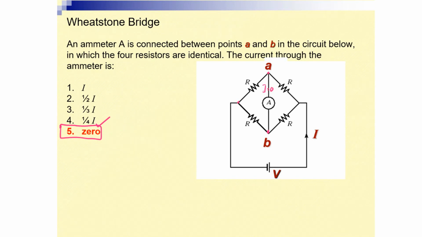Okay, so is this one okay? What answer? Okay, excellent. It has to be 5 because of identical resistors. So the potential here is the same as the potential here. No potential difference, no current flow. So this is the point you need to understand.